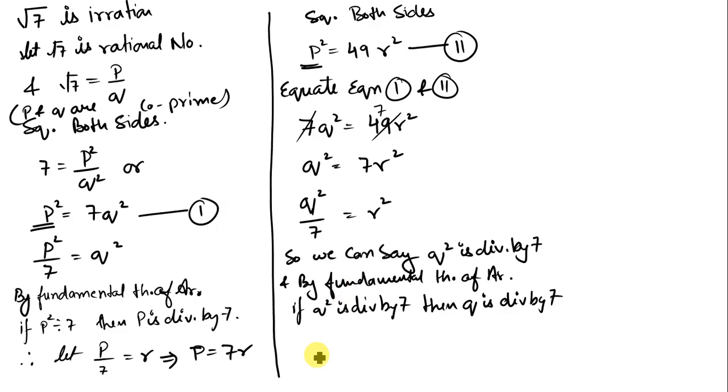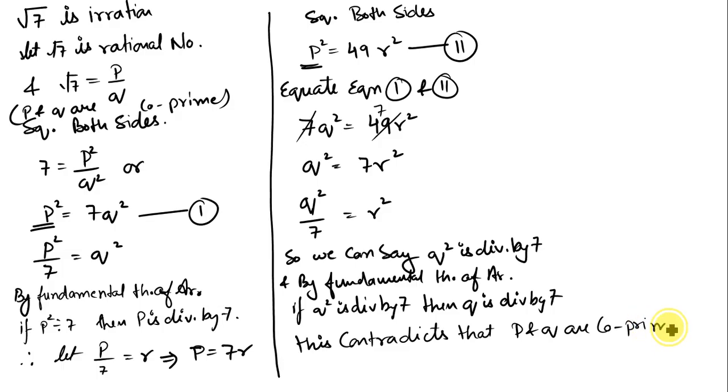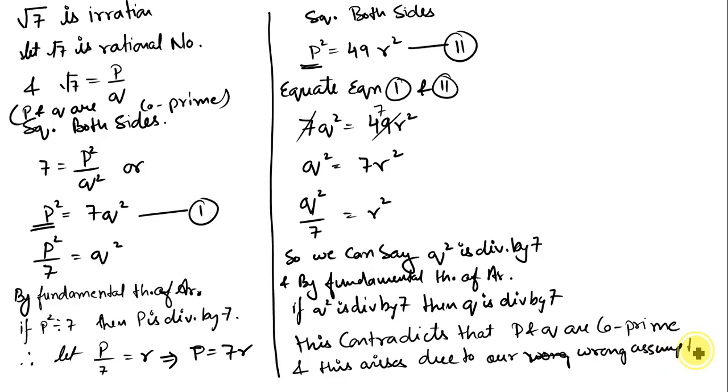So now, what happens here? This contradicts that P and Q are co-prime, and this arises due to a wrong assumption, that root 7 is rational.